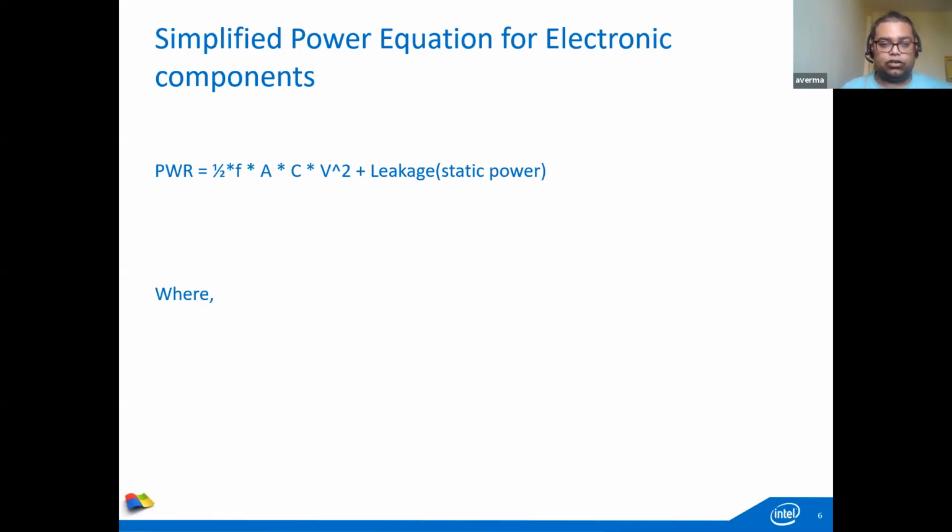That depends on whether a circuit is running at some specific frequency, then it has some dynamic component of power, which is the first part of this equation. The second part of the equation is the leakage or static power, which we will not discuss in detail here.